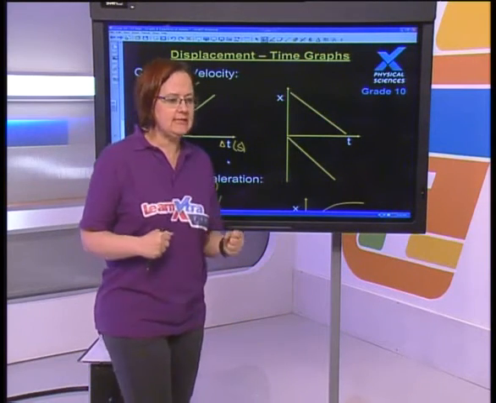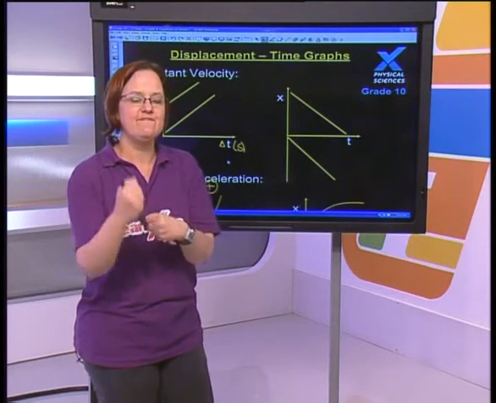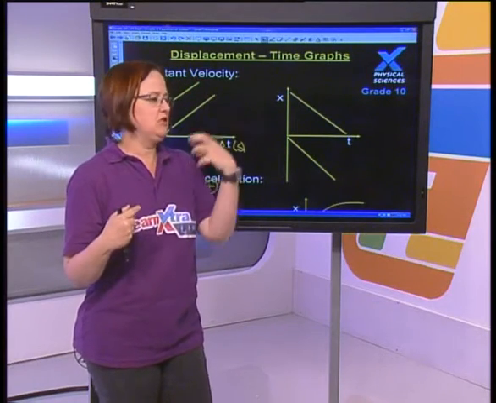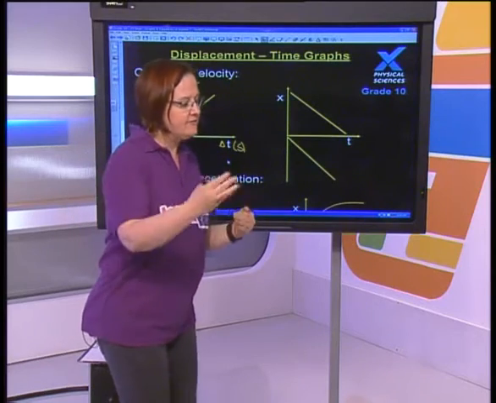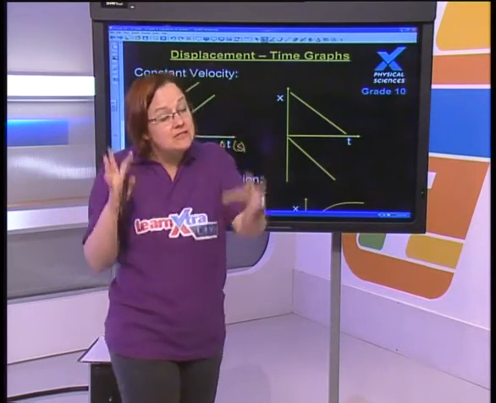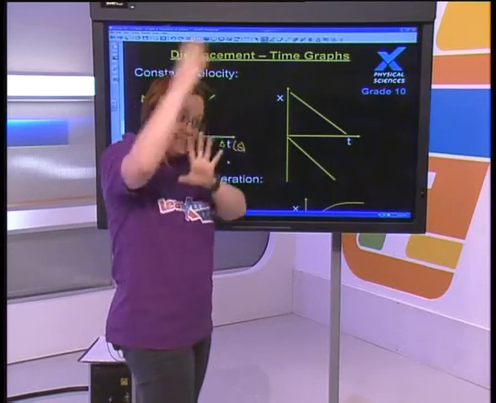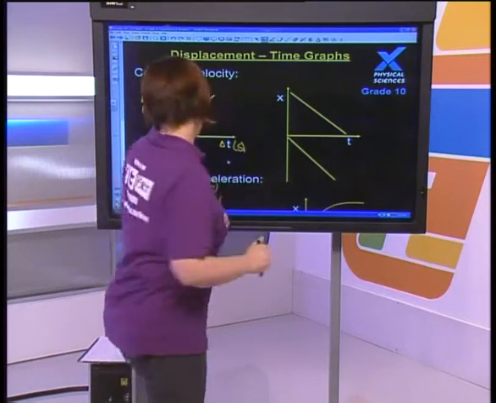Velocity is like speed, but with direction. So velocity can be 2 meters per second, which tells us that I cover 2 meters every second. So velocity is a speed with direction. Displacement is a distance. It's a length. Cool. All right.